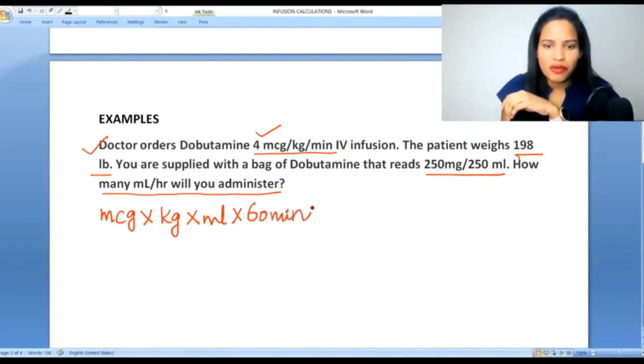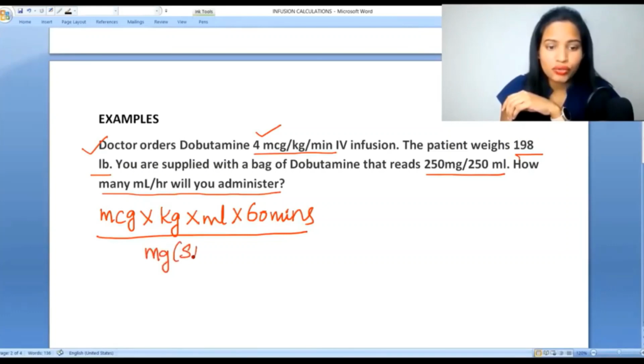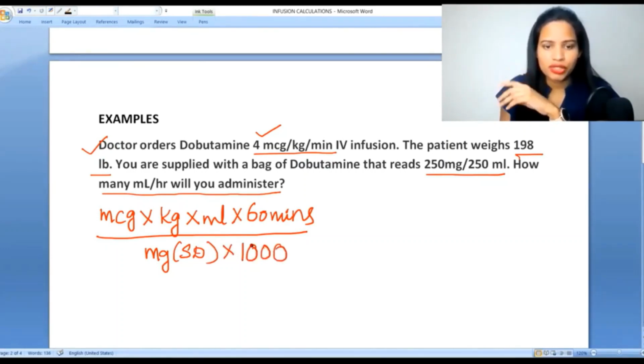So this is our formula. 60 minutes means per hour, so we will be doing that. It will be divided by mg, or you can also write stock dose, into 1000, because we have mcg conversions here.